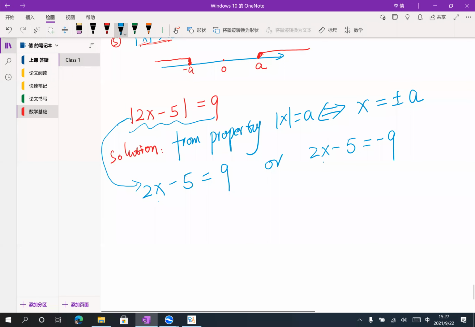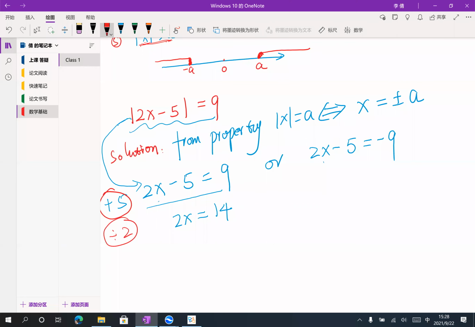From the first one, when we add 5 on both sides, we get 2x is equal to 14, and then we divide by 2 on both sides, and we get x is equal to 7.